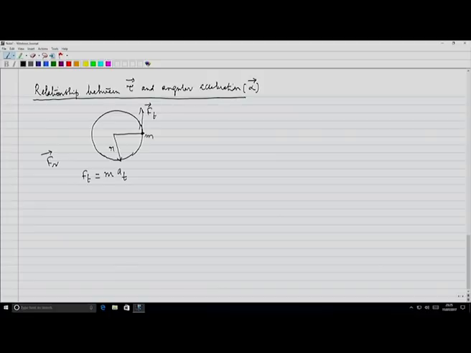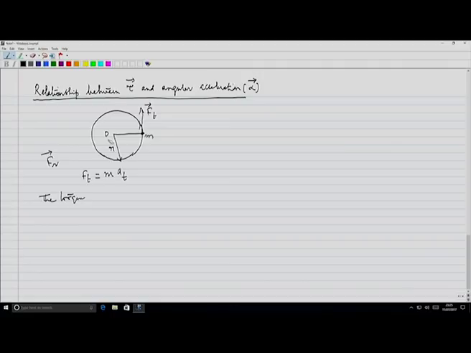So the torque about the origin due to the force F_t. This force acts on the particle. Therefore, I can talk about the torque on this particle about this particular center, namely the origin.